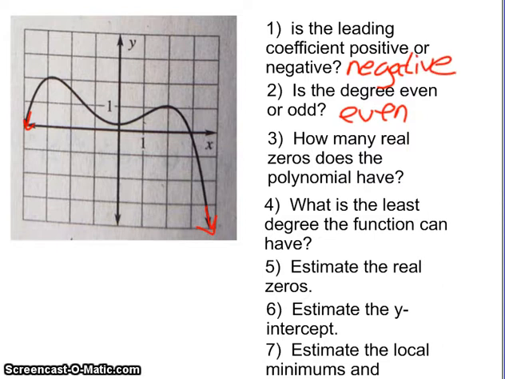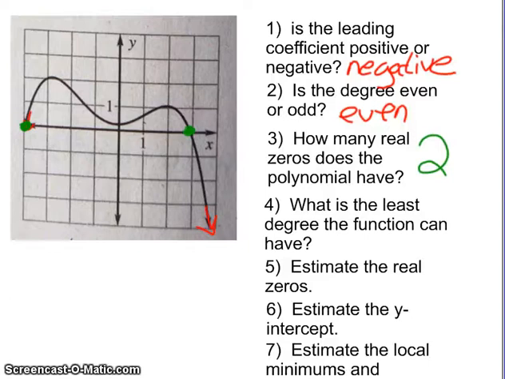How many real zeros does this have? Let's count them. It seems that there is one here and one here. There are 2 real zeros. What is the least degree that this function can have? Okay, well, the degree is even. It has to be 2 or more. It can't be 2. It has to be more than 2, because if it were 2, it would be quadratic.